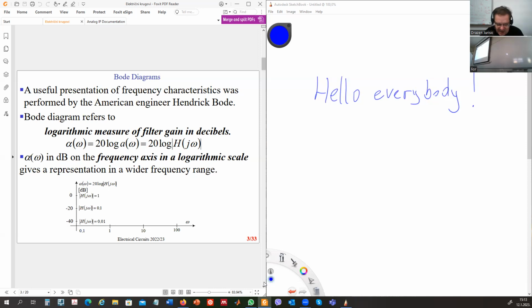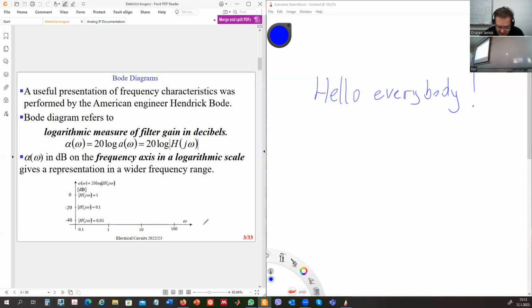One logarithmic axis is for omega, and another is for gain. So if you have a log-log representation, it has the possibility to represent a wider frequency range and wider value range.